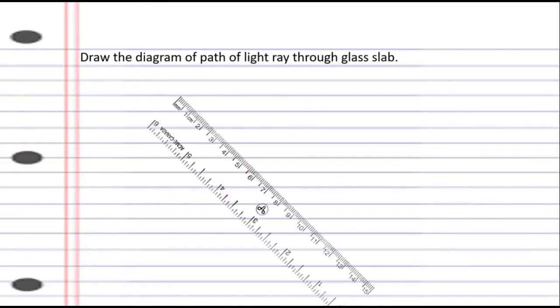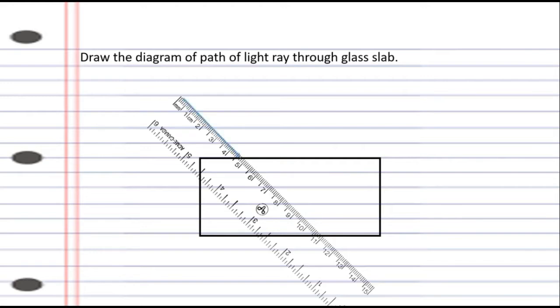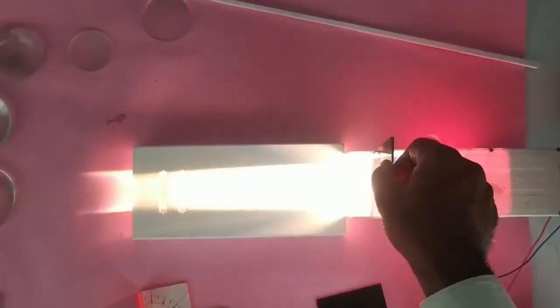In this tutorial, we shall continue the same diagram further, but before that, we shall have a quick recap of how we have drawn this diagram, for those who have not seen the previous part of this video. We drew a rectangle, then an incident ray.